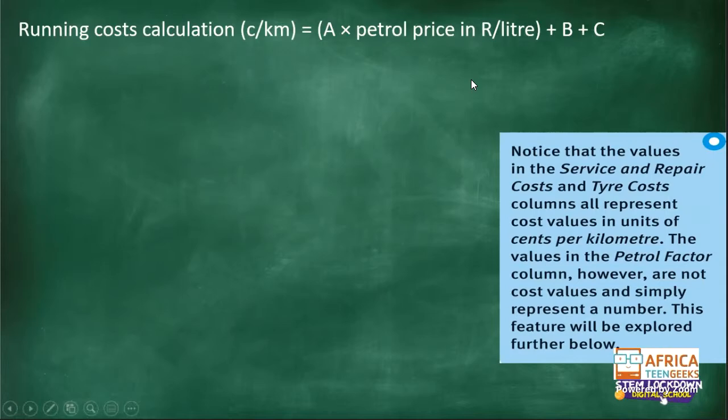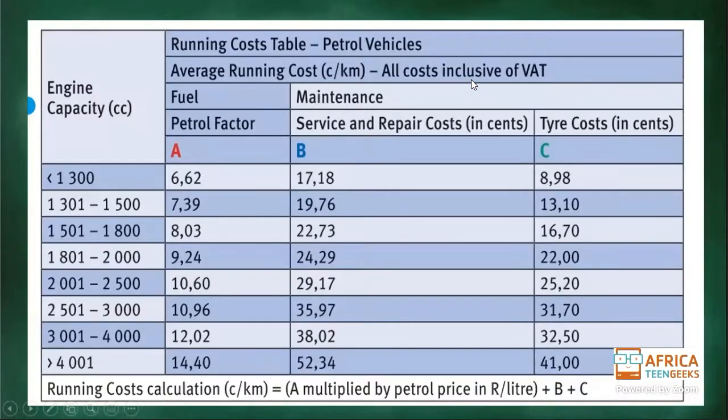B is the service and repair costs, which is given in cents. That is part of the maintenance. We say that this is the service and repair costs, calculated in cents. So this 17.18, that is cents, 17 cents.